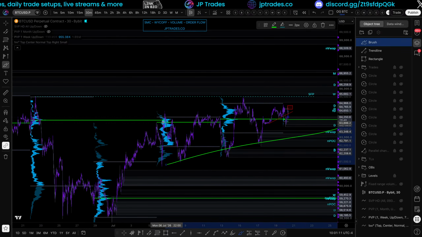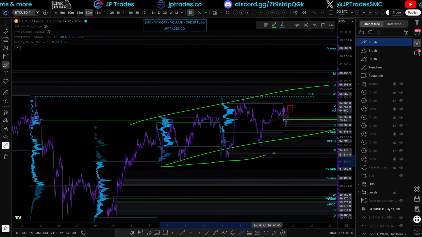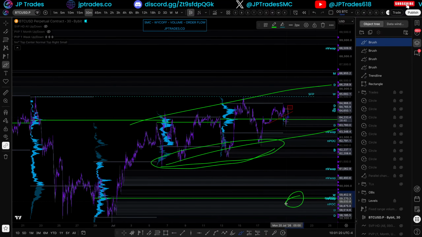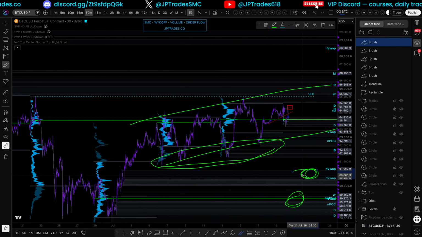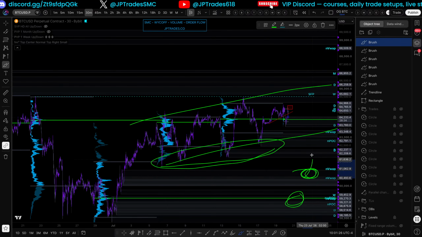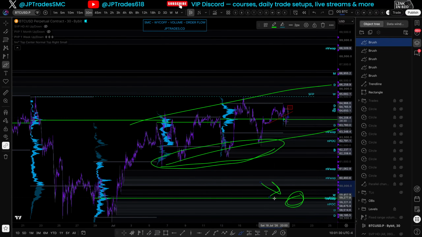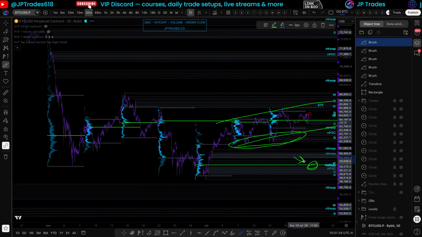And of course, if we do end up breaking this channel down, I'm looking to sweep all of these lows and then coming down to that weekly naked point of control here. Of course, we could have some nice scalp longs in this area or even a day trade long from this area. But this is my ultimate area for more of a swing position.